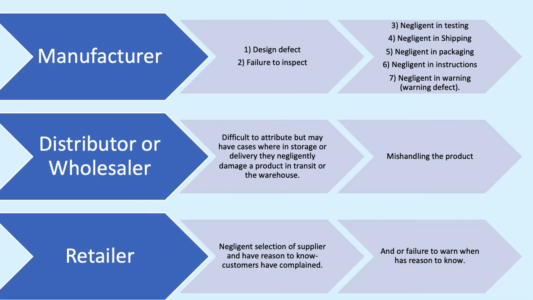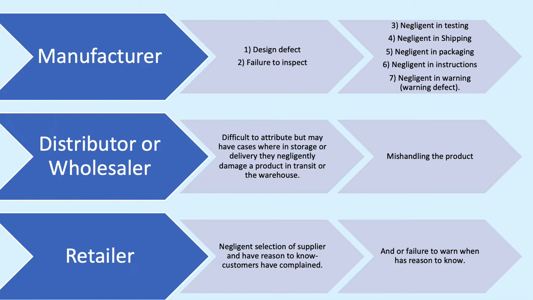Emerson gave some examples, but the manufacturer has a lot of areas that were listed. He listed 7 things just for negligence, and not for intentional, and not for strict liability. Interestingly, with design defect, you can be strictly liable for that as well, but this is the negligent aspect of it.